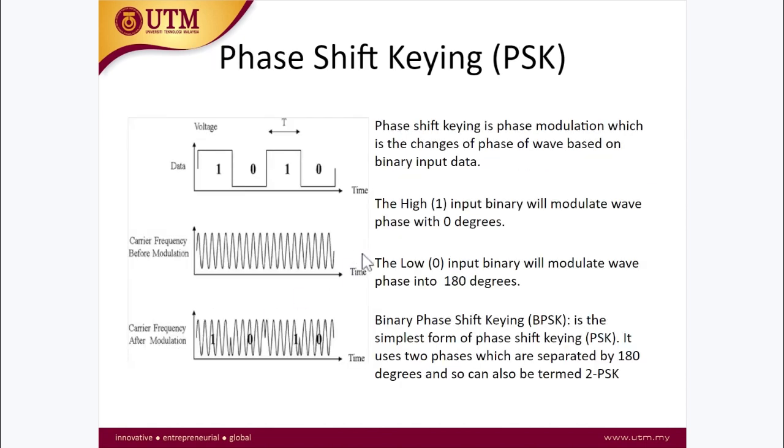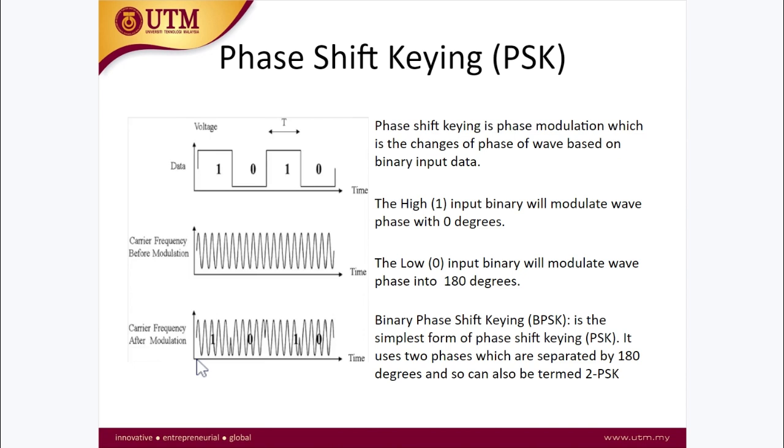As for phase shift keying, it will, as we can notice, depend on the phase. Phase shift keying is phase modulation, which is the change of phase of the wave based on binary input data. To make it clear, we should notice that when the value changes from 0 to 1, the phase will change, and the phase is moving according to the time domain, according to the time axis.